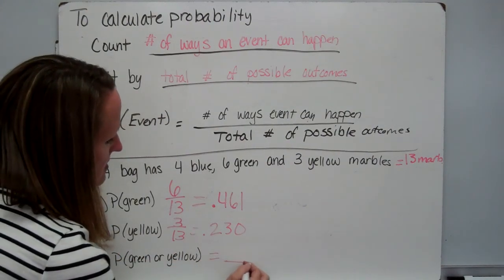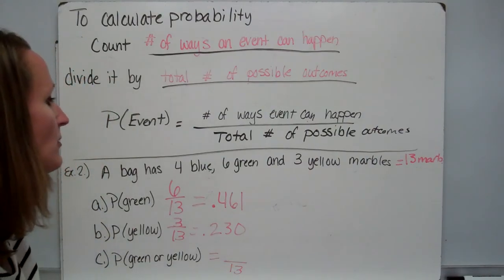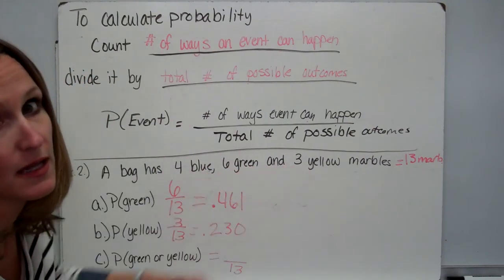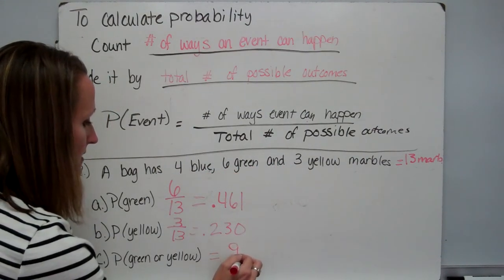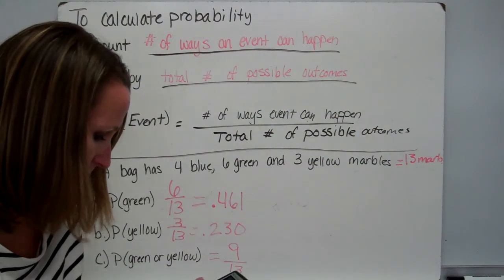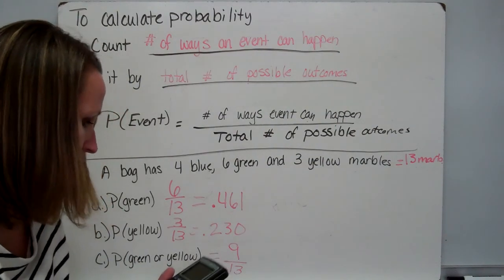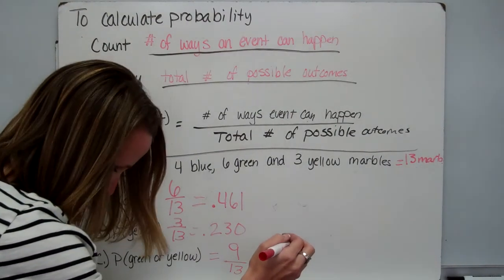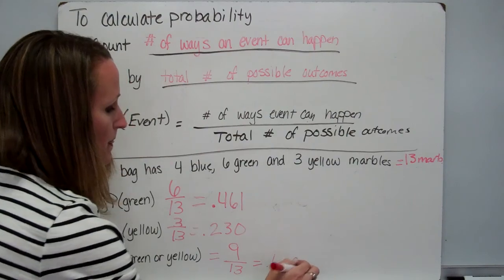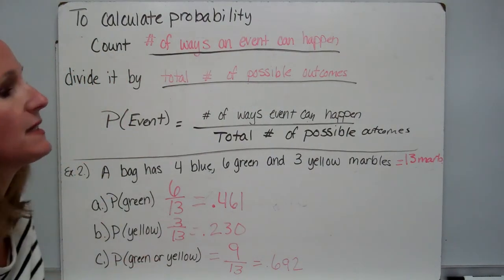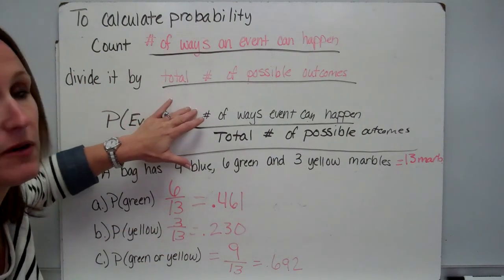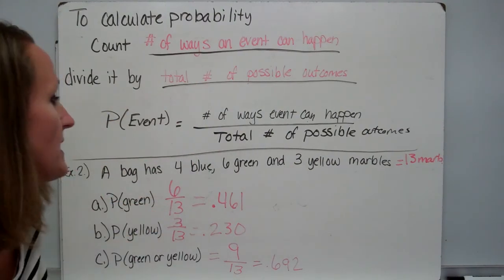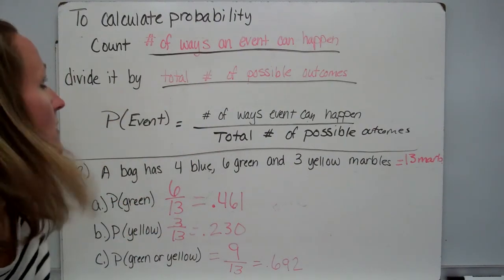Well, it's still out of 13, but now we add the green and the yellow, so it's 9 out of 13. When we divide, we get 0.692. This is a basic example of probability where I took the number of ways an event can happen and divided it by the total possible outcomes.